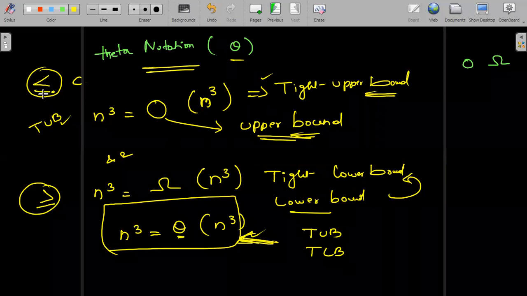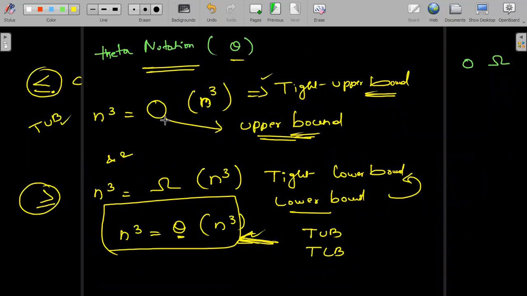Because equals is satisfied here, so we call that a tight bound. Similarly we call this a tight lower bound. Simply, for an algorithm we can say A is equal to theta of B. Here both are equal, when both big O as well as omega are satisfied.